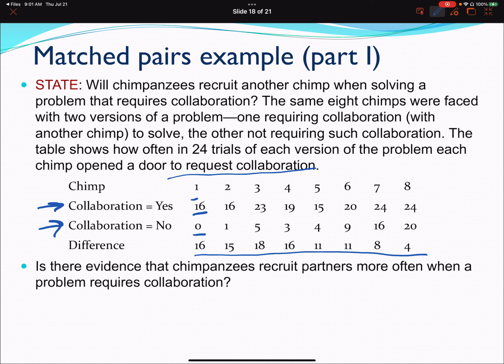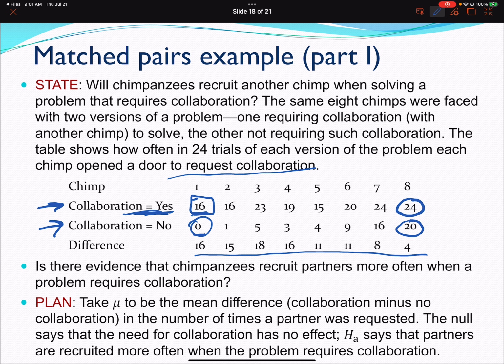Chimp 1, on the test that required collaboration, asked for help 16 times, but on the one that didn't, he never asked for help. Chimp 8, on the 24 collaboration test, always asked for collaboration, and even when he didn't need to, he asked for collaboration 20 times.